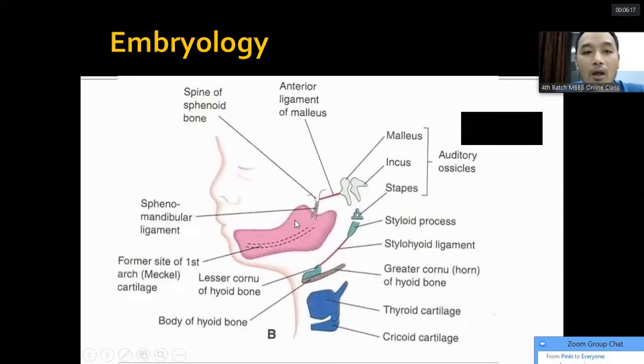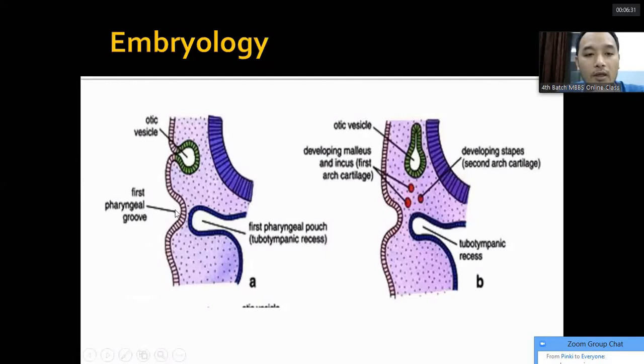Now this is the picture. This is Meckel's cartilage. The mesoderm of the first pharyngeal arch gives rise to the Malleus and Incus. The Stapes arises from the second pharyngeal arch. This is the first pharyngeal groove or cleft, and this is the first pharyngeal pouch. They extend, and in the middle they form the tympanic membrane. The inner ear arises from the neuroectoderm.